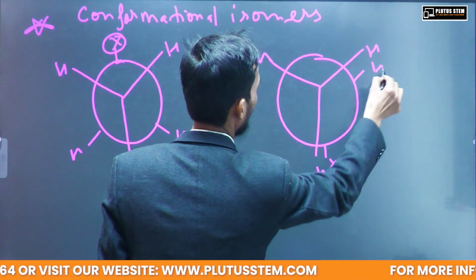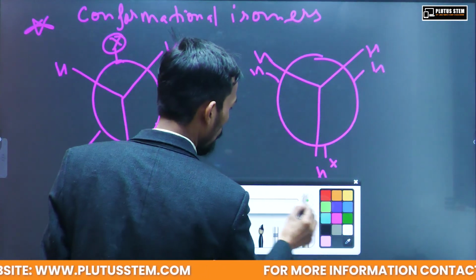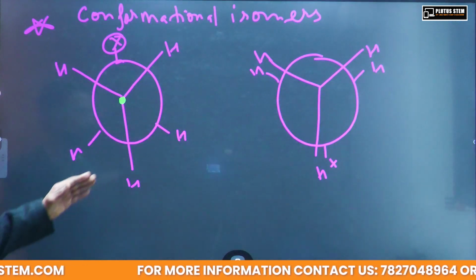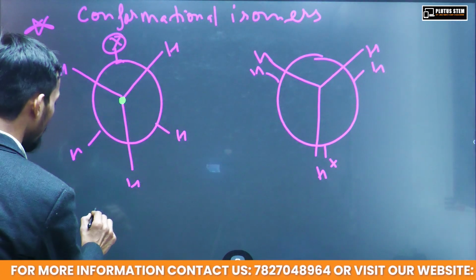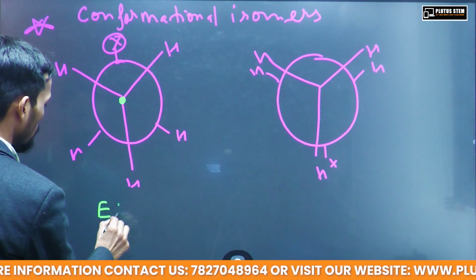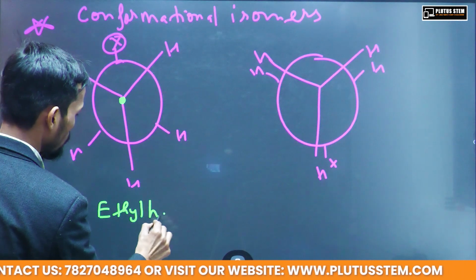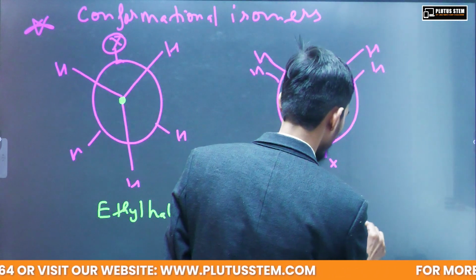X, hydrogen, hydrogen. So if we name this compound, this is carbon 1, and one carbon is at the back, carbon 2, CH3CH2, which means ethane, or you can call it ethyl, and that is halide. This is also ethyl halide.